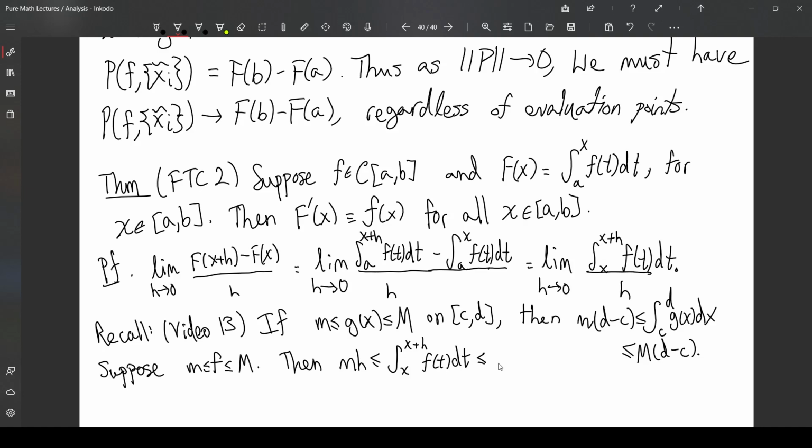So this is going to be bounded by little m times h and capital M times h.